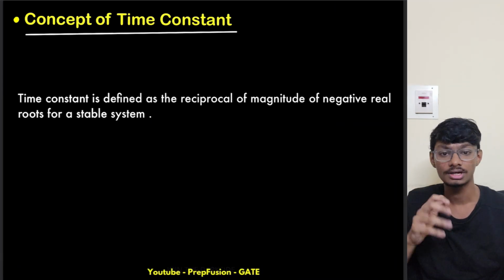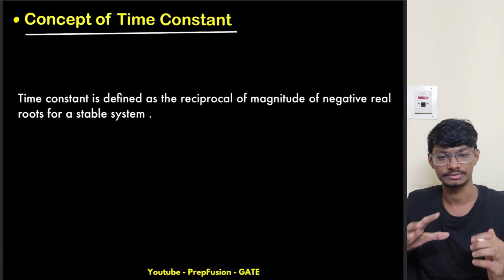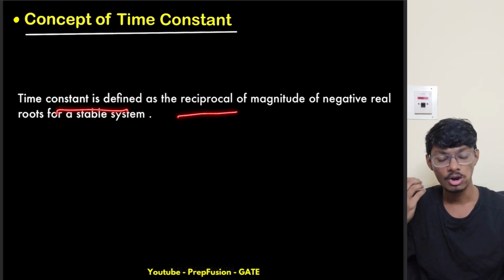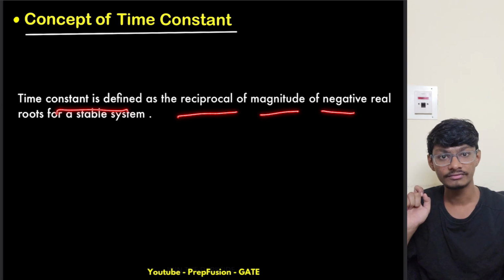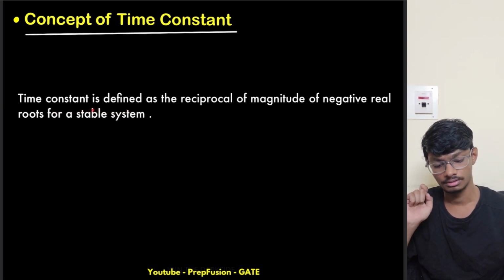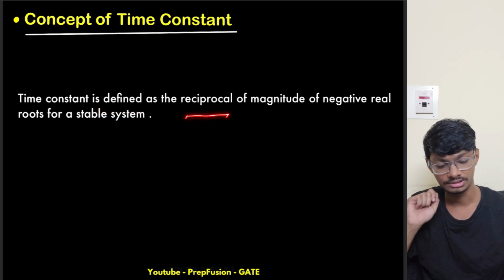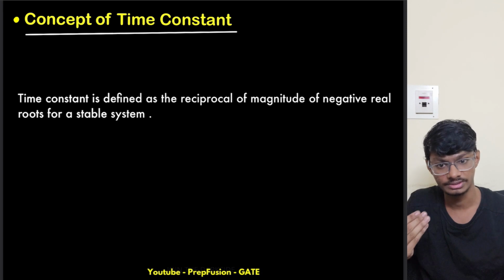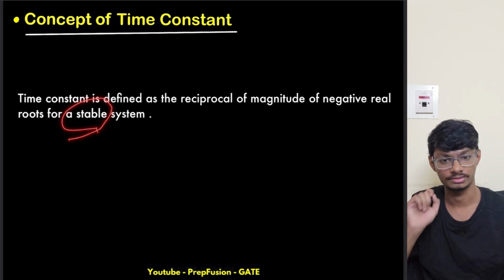So what does time constant mean? Time constant is defined as the reciprocal of the magnitude of the negative real roots of a stable system. Time constant is defined only for a stable system.